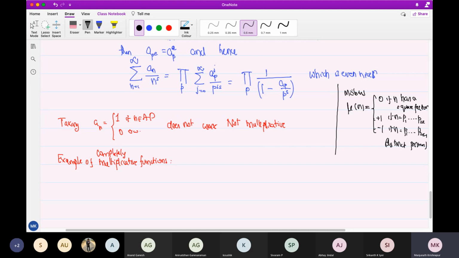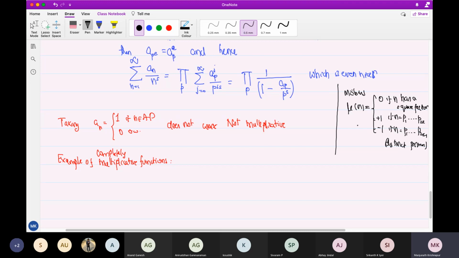So for example, you take n square, for example, that will become a number with a square. So you don't get the product of one with itself, but you get 0.